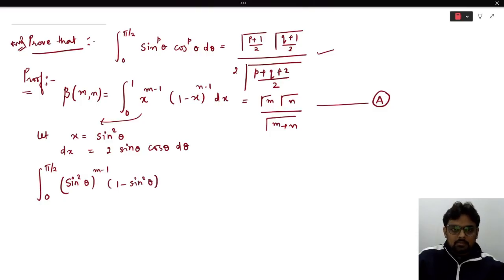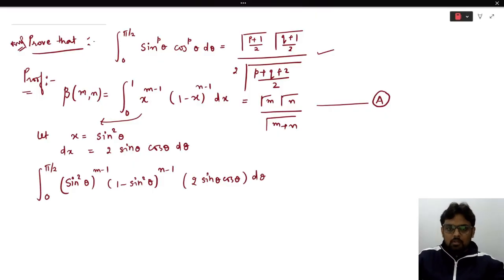This is sin²θ, (1 − x sin²θ)^(n−1), and dx is 2 sinθ cosθ dθ. Okay, now when solving this from 0 to π/2, this is sin^(2m−2)θ, and this is cos², cos^(2n−2)θ.